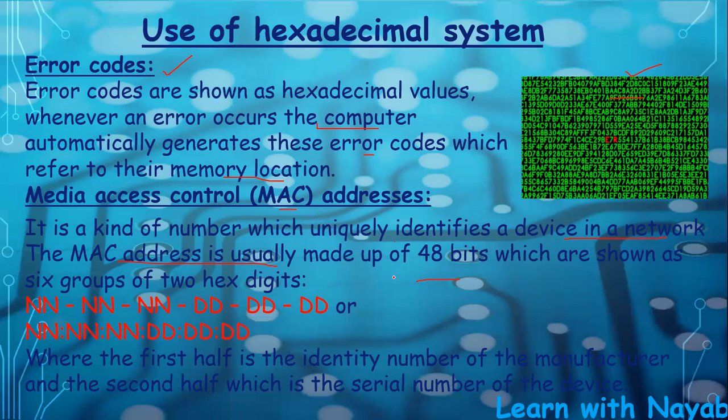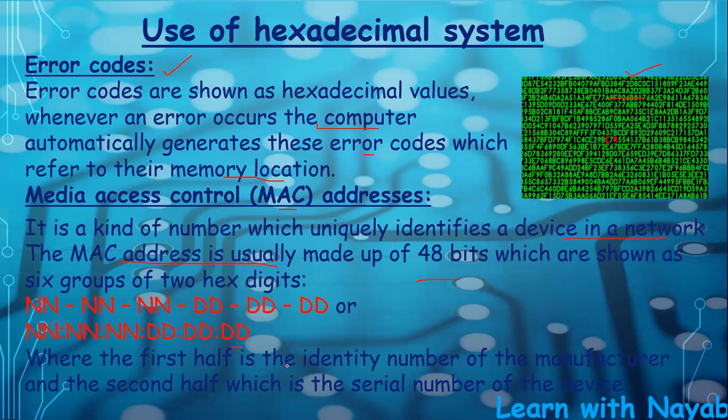It is usually made up of 48 bits, and it is shown as 6 groups of 2 hex digits, for example NN-NN-DD-DD-ZZ-DD. Or we can also write them with colons, like NN:NN:ZZ:ZZ:DD:DD.